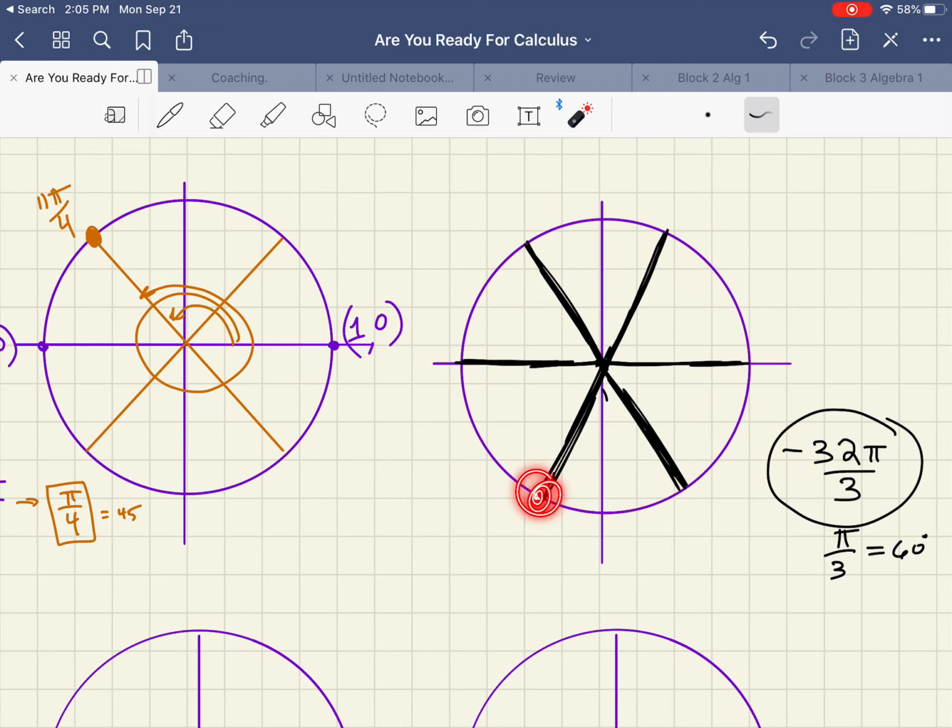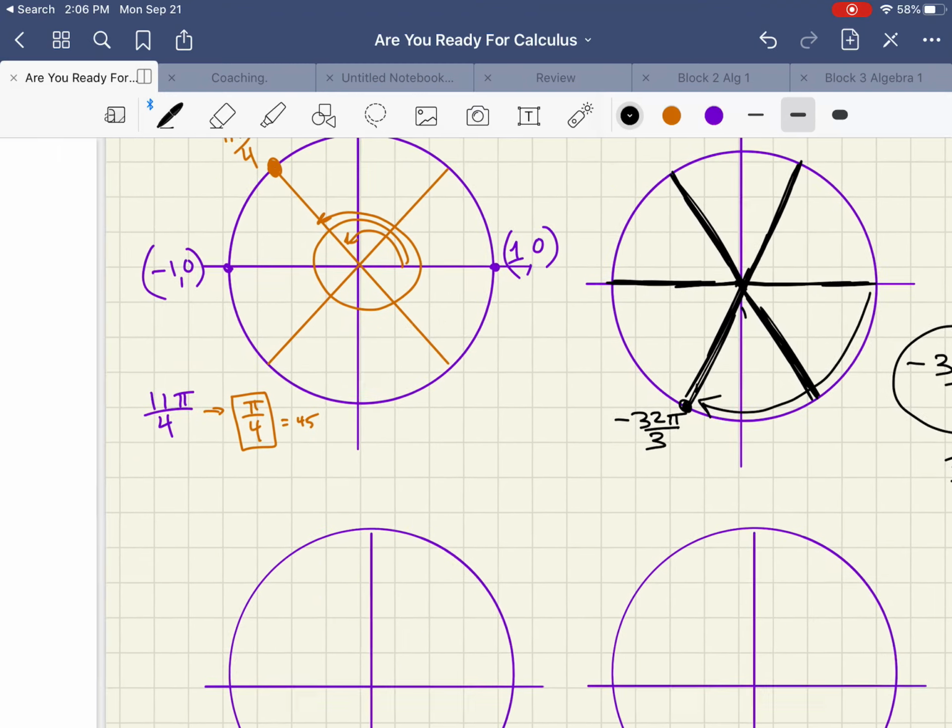So that would be my stopping point for -32 pi over 3. It's the same as -2 pi over 3. Same location, different magnitude. And again, the magnitude isn't all that important for us right now.